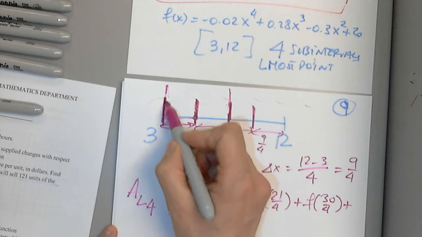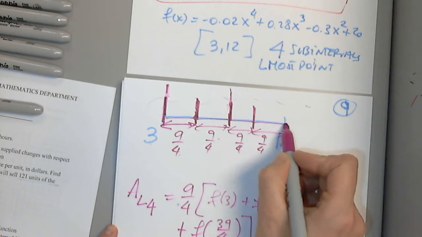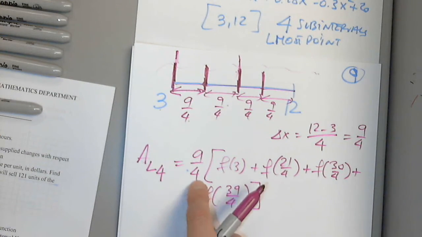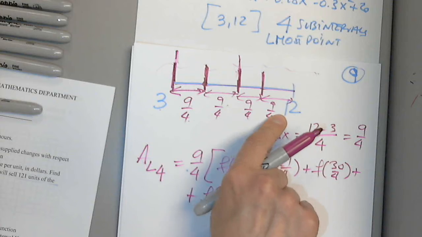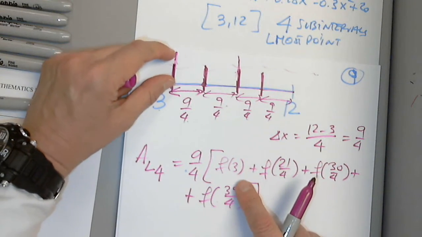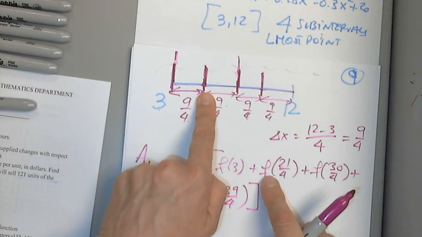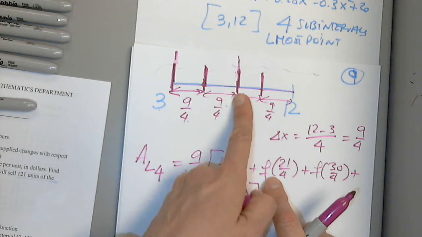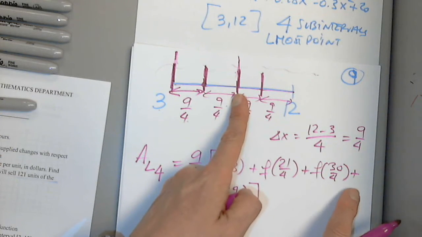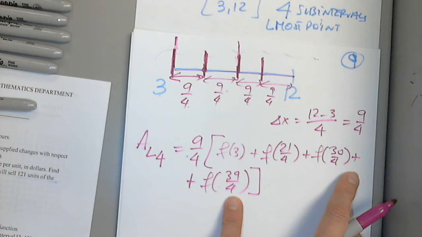So base times height plus base times height plus base times height plus base times height. 9/4 is outside because all these 4 have the same width. The height at 3 plus the height at 3 plus 9/4, 21/4, plus the height at 21/4 plus 9/4, which is 30/4, and plus the height at 39/4.